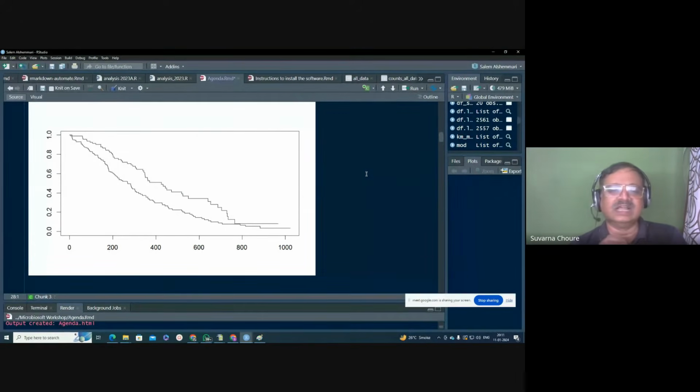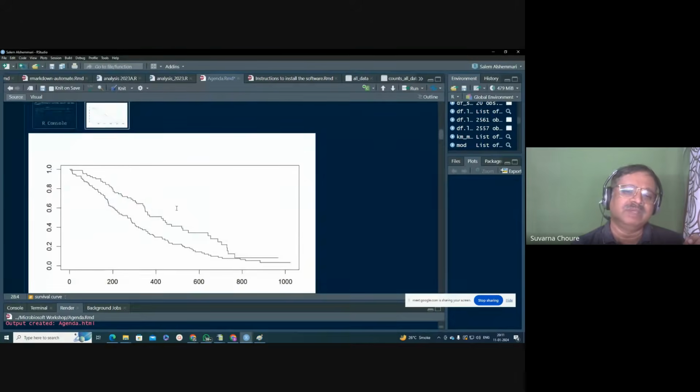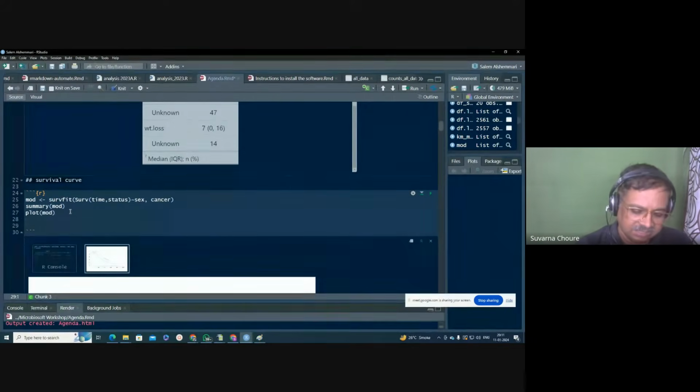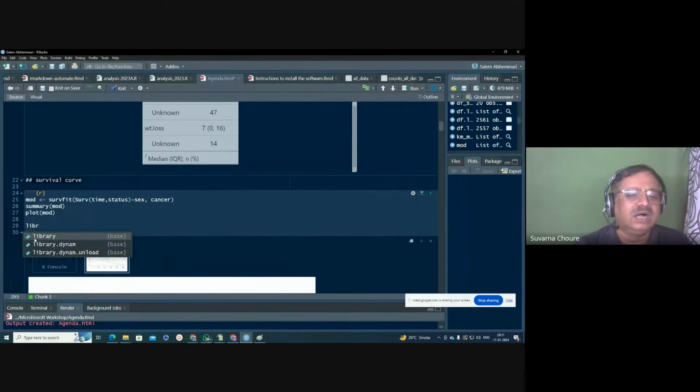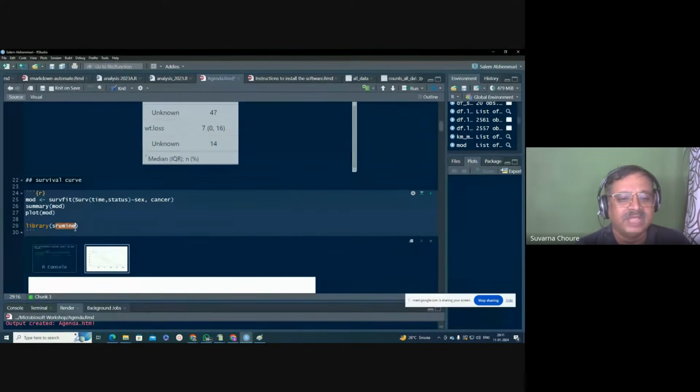We can't see the color here. But believe me, the upper line is for female. Female survival is much better as compared to males. If I want it to be a little prettier, I will use another facility to make it better.